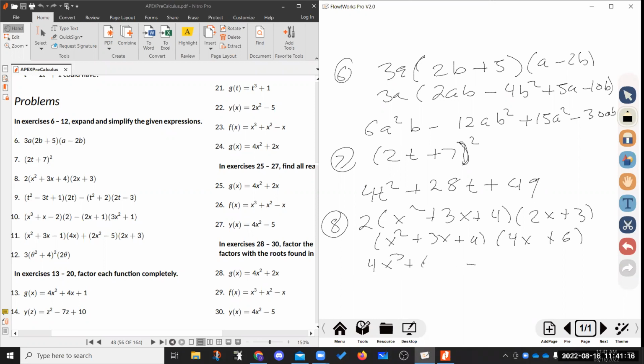I'm going to get plus 6x squared. Now 3x times 4x is 12x squared. 3x times 6 is 18x. 4 times 4 is 16. 4 times 6 is 24. I'm going to add 4x to the third plus 18x squared plus 34x plus 24.